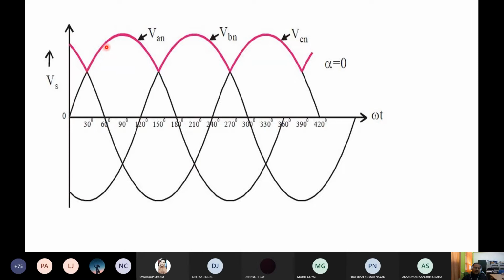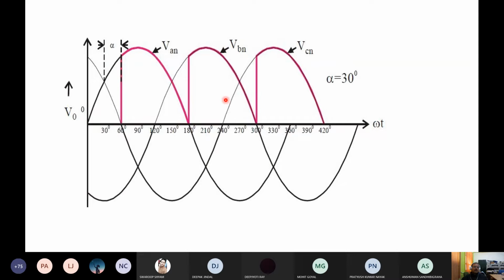After this instant, A is maximum positive, so SCR1 is forward biased. If alpha is 0 here, and again alpha is 0 for SCR2, the full cap will appear. Now we'll control the voltage.